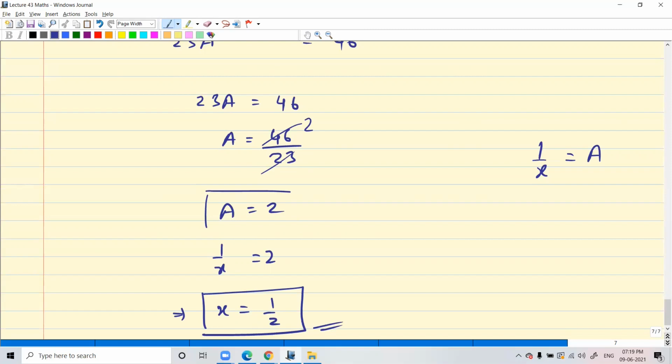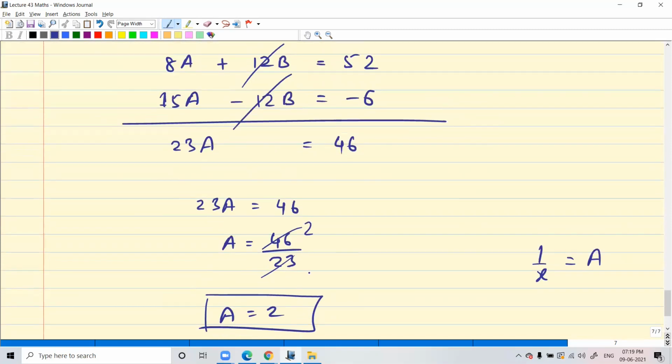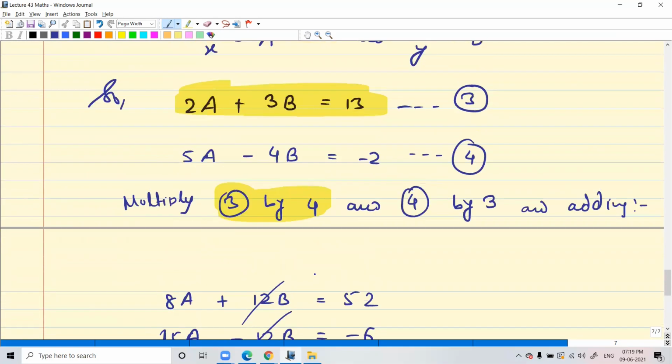Okay, but this is also important. We need this a is equal to 2 because we need to substitute this in one of these equations, third or fourth one, to find the value of b.